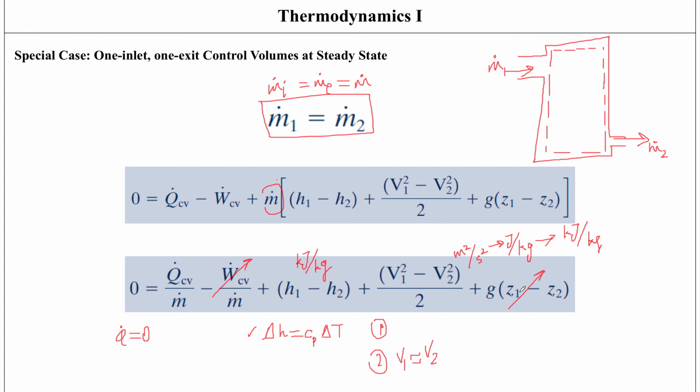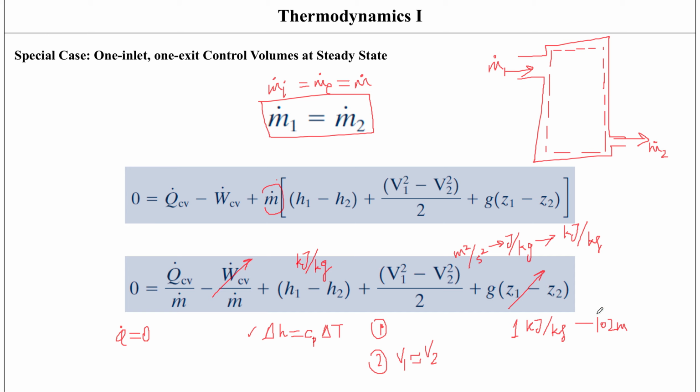The potential energy term is mostly neglected because a potential energy change of 1 kilojoule per kilogram means that the elevation has to change, so Z2 minus Z1, by 102 meters. And that is a huge change.